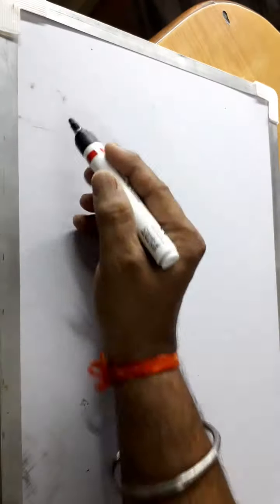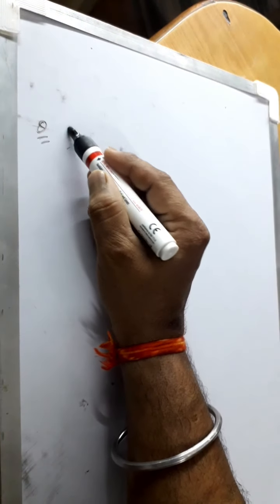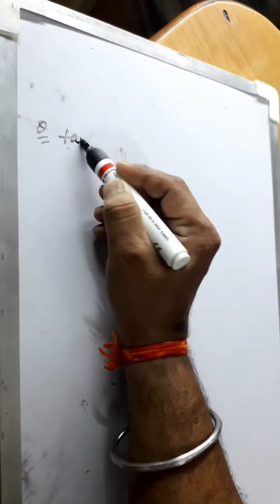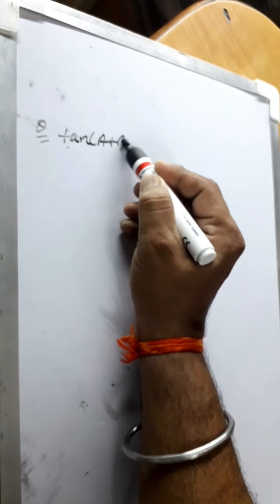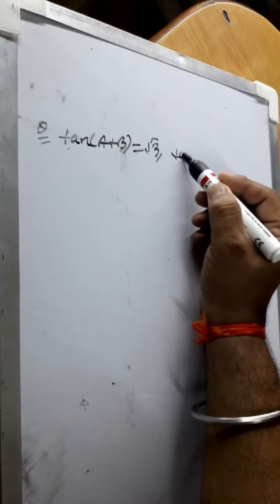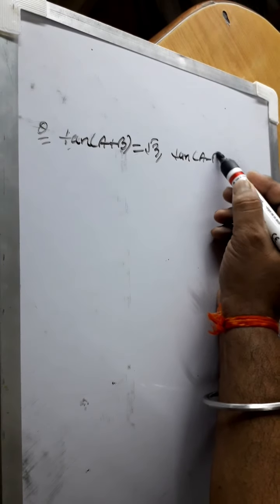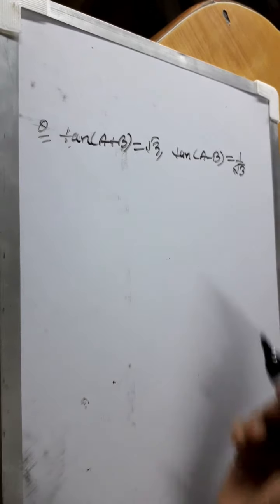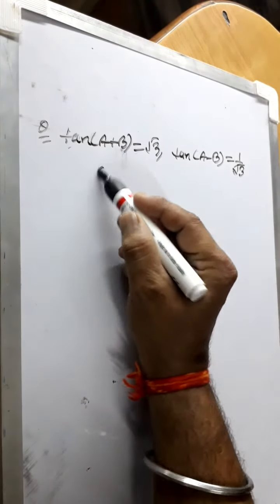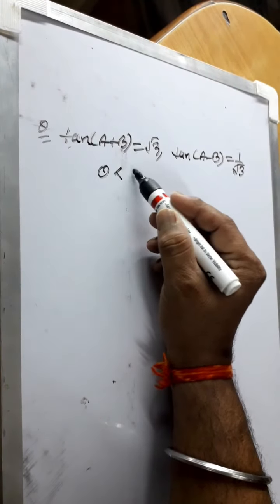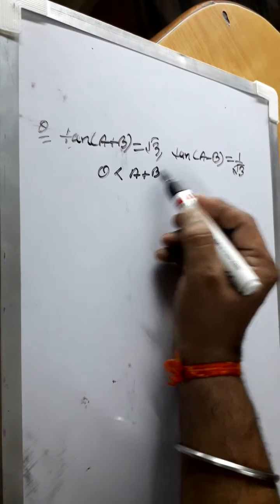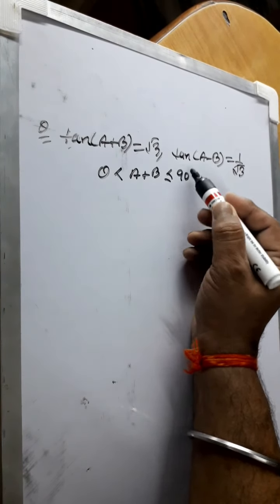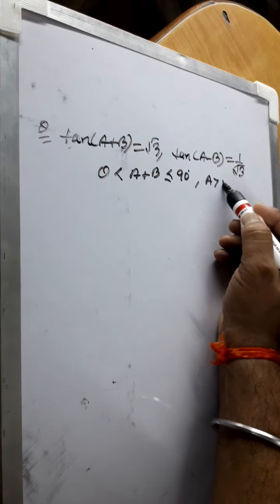Here in this question we have tan of a plus b is equal to root 3, tan of a minus b is 1 upon root 3, where 0 degree is less than a plus b less than or equal to 90 degree, also a greater than b.